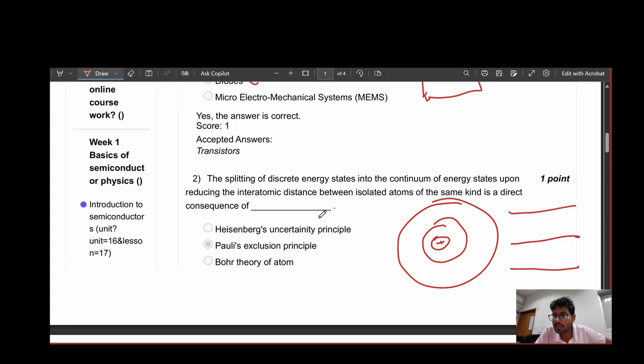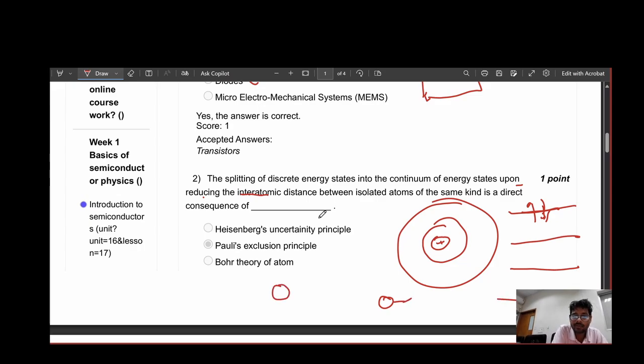In a single state, only two electrons can be occupied, with opposite spin, one up and one down, as you have seen. Upon reducing the interatomic distance, this is an isolated atom and this is another isolated atom, but there is no connection between the two.